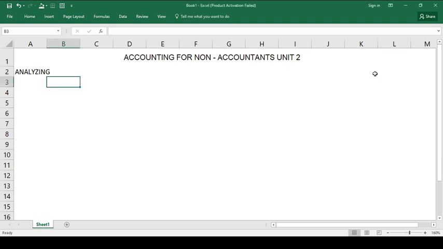For today's discussion for this subject, accounting for non-accountants, we will discuss Unit 2 pertaining to analyzing transactions muna. Kasi this is the most crucial part of the accounting cycle, the analysis of transactions.